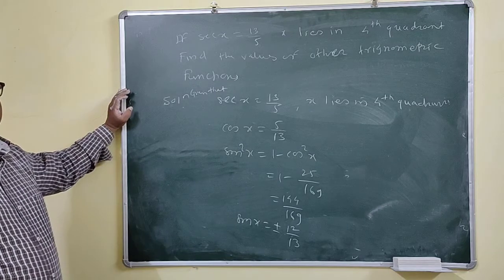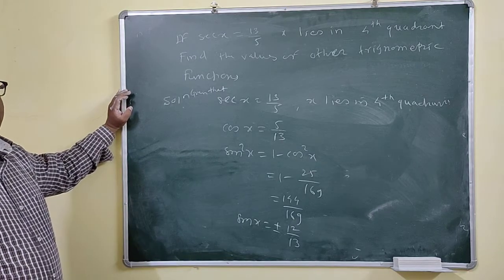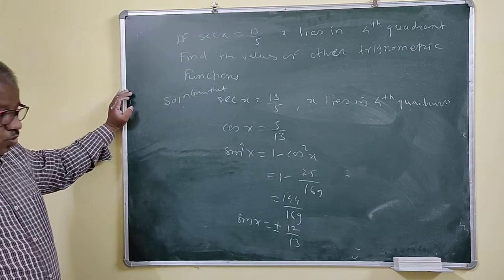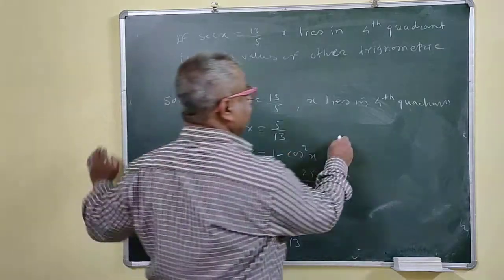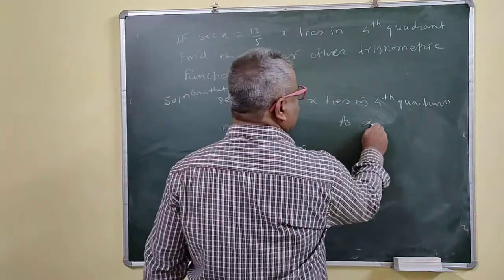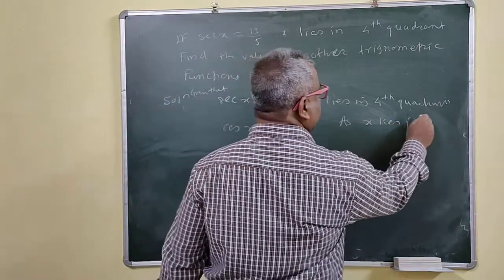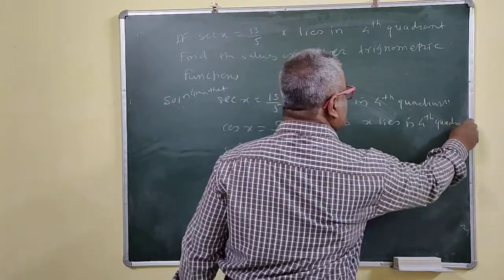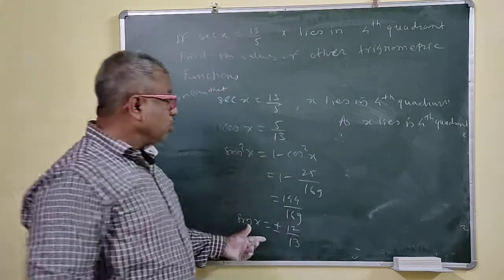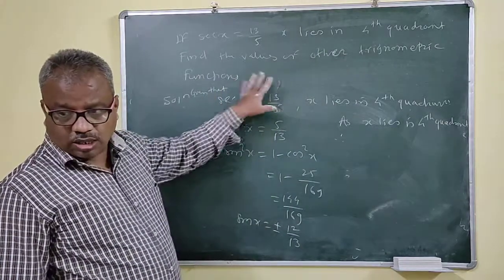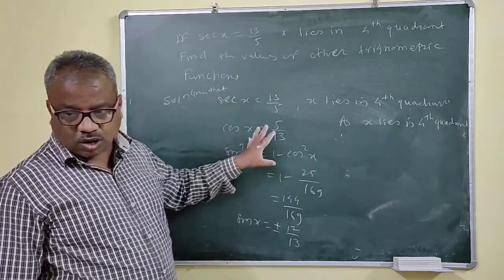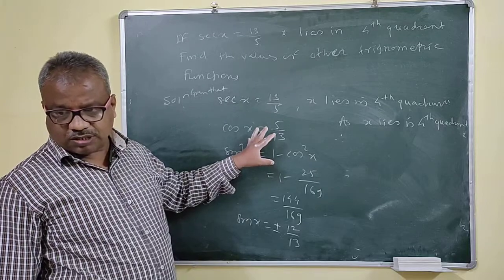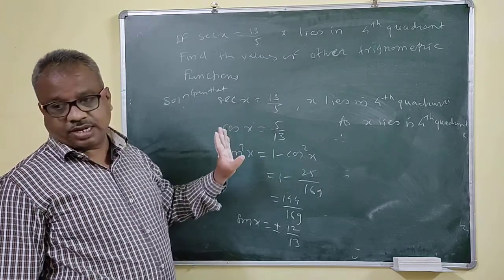But your x lies in the fourth quadrant. In the fourth quadrant, only cos is positive. Your sine is negative. Right?